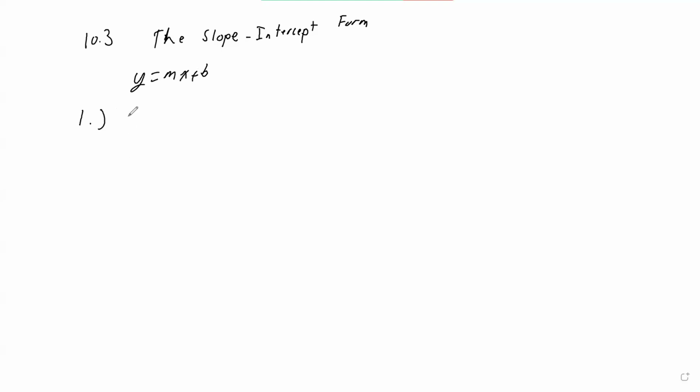So the first thing it's going to ask you to do is to find the slope given 2 points. So in this case, given point (3, -1) and (4, 2).